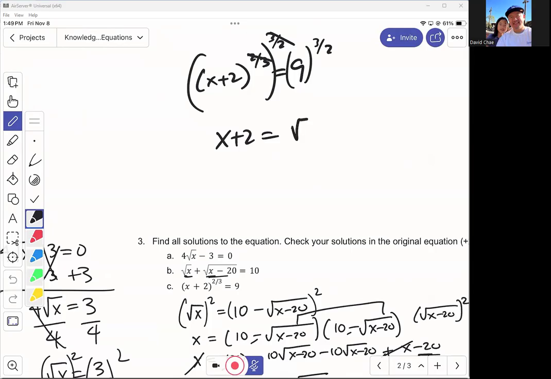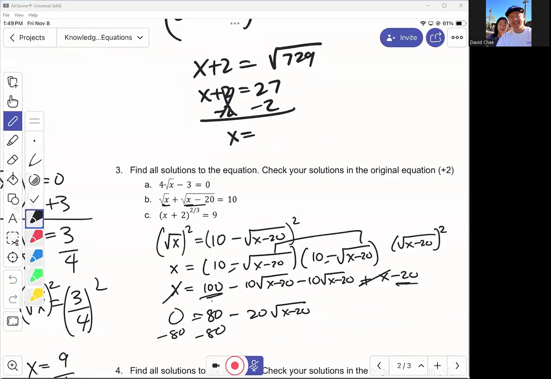So you're getting the square root of 729. Look at that. The square root of 729 is 27. So subtract the 2. x is equal to 25. That's it.